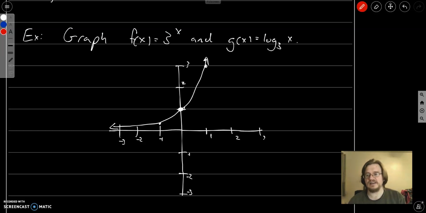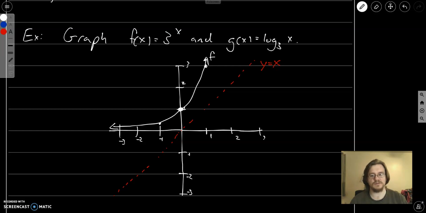The nice thing about inverses is that they have reflectional symmetry. So if we draw the dotted line for the line y is equal to x, we have reflectional symmetry. So here is our f function, which is our exponential. Our log function is going to do the same thing.